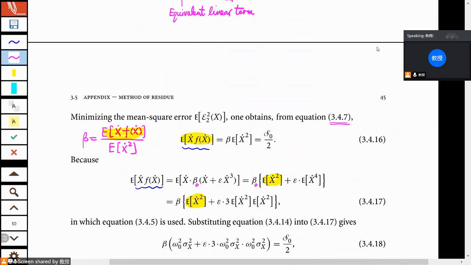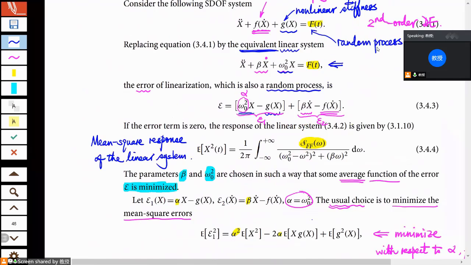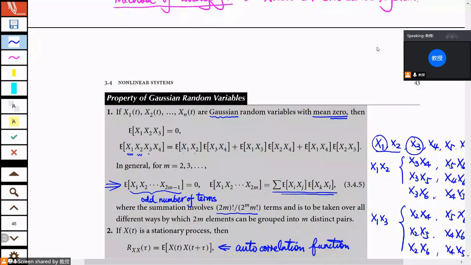Now we want to evaluate this term, x dot to the power 4. So you go back to this property.